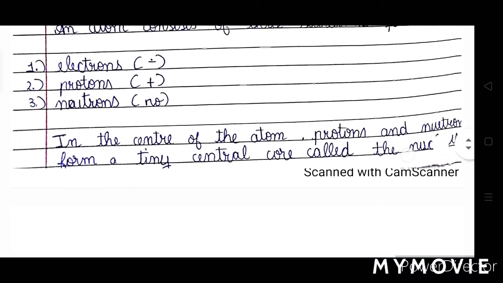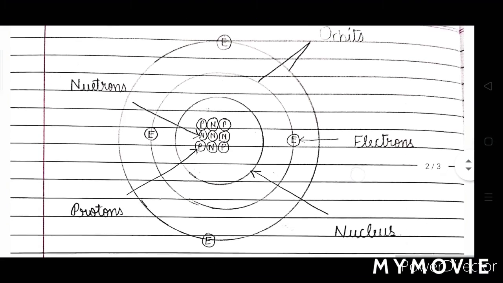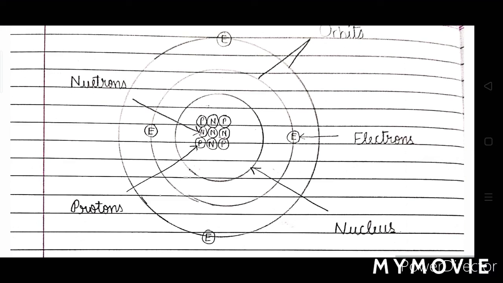Let me show you. In this diagram, you can see in the lowest part I have written P and N, and I have drawn many circles in that. The P ones are the protons and the N ones are the neutrons. You can see I have also labeled in the diagram here and also here.